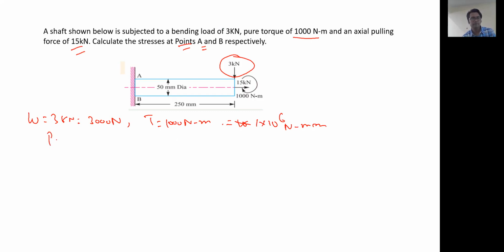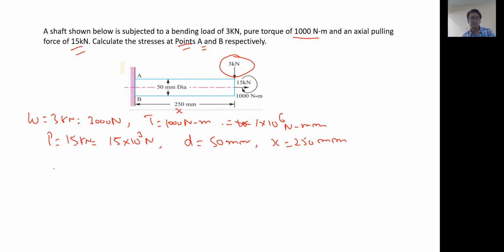And the load acting in the axial direction is 15 kilonewton, so it will be 15 into 10 to the power 3 newton. And here the diameter is given as 50 mm, and the x distance from the fixed point is 250 mm.